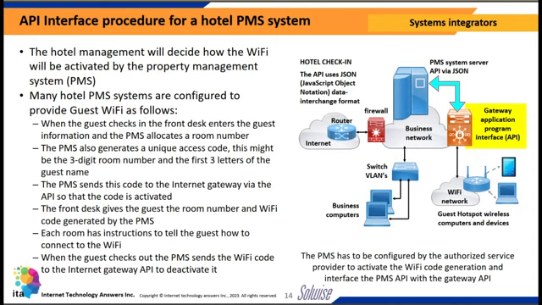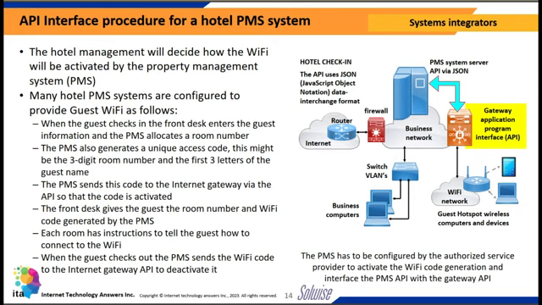Hotel management can decide exactly how they want to implement the guest Wi-Fi as part of the property management system. One system which is very popular, used by Hilton hotels: the property management system generates the access code, and this might be the room number plus the first three letters of the guest name. It sends this access code to the hotspot gateway to activate that access code.